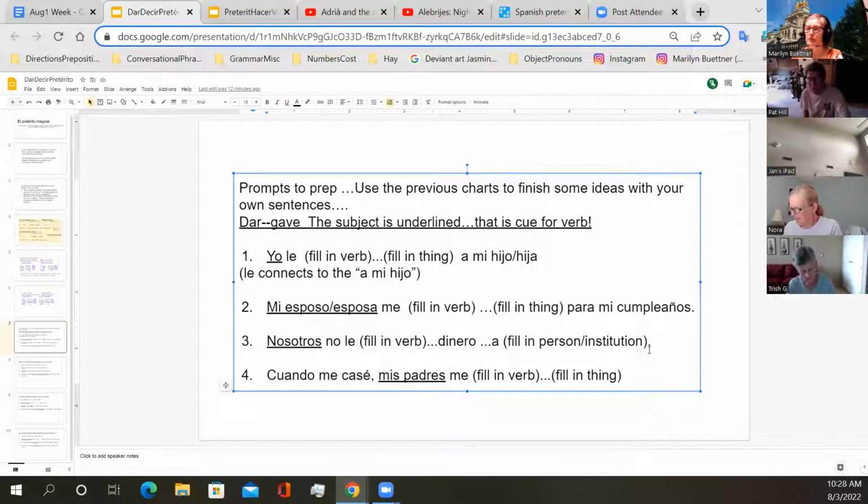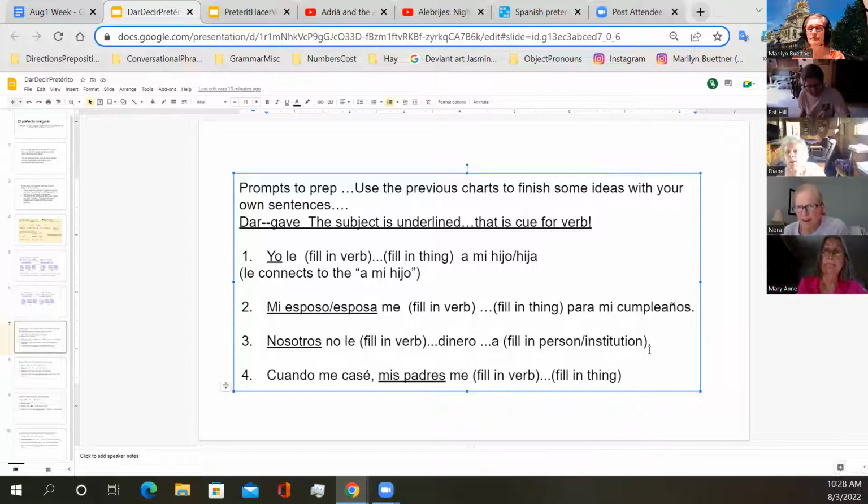Nosotros no le dimos dinero a un político. Interesante. Bien. Bueno, ¿algo más? Nosotros no le dimos dinero a mi hija. Okay, bien. Dimos, as long as you make sure you're doing your dimos. Okay, ¿algo más? No le dimos dinero a mi sobrina.